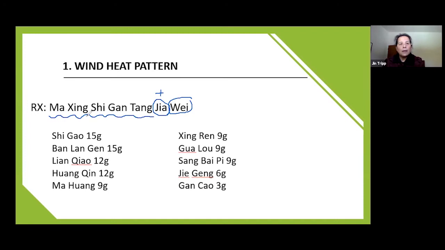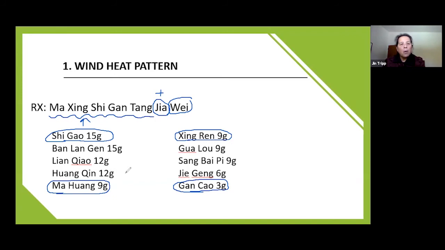This formula originally has just four herbs: Ma is 麻黄, 杏 is 杏仁, 石 is 石膏, 甘 is 甘草. That's the original 麻杏石甘汤. It clears heat in the lung, stops cough, and relieves external wind heat condition, and even sometimes wind cold condition.